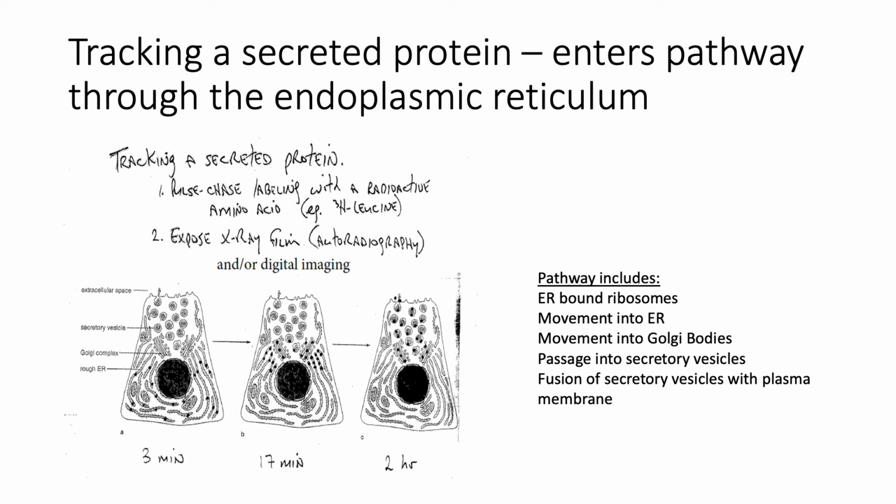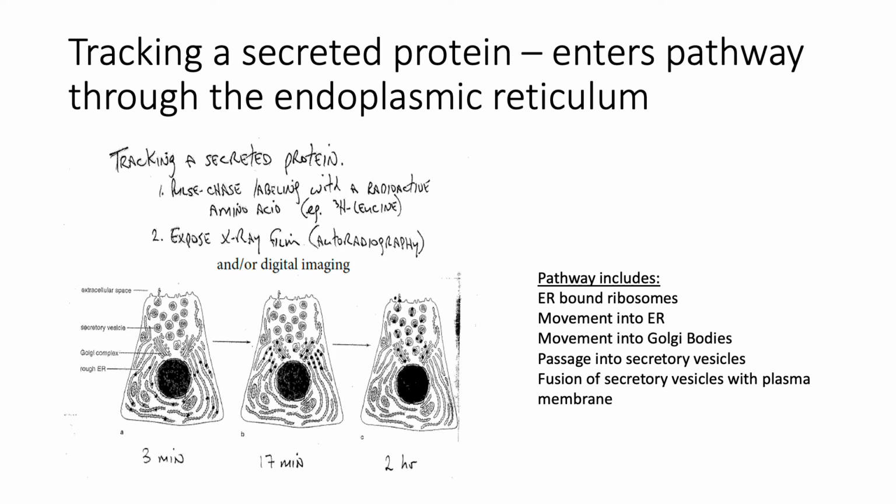You can put it over the dish. That's called autoradiography. Then you can visualize the cells and where the radioactive protein is, since any protein that was synthesized incorporated the radioactive leucine.